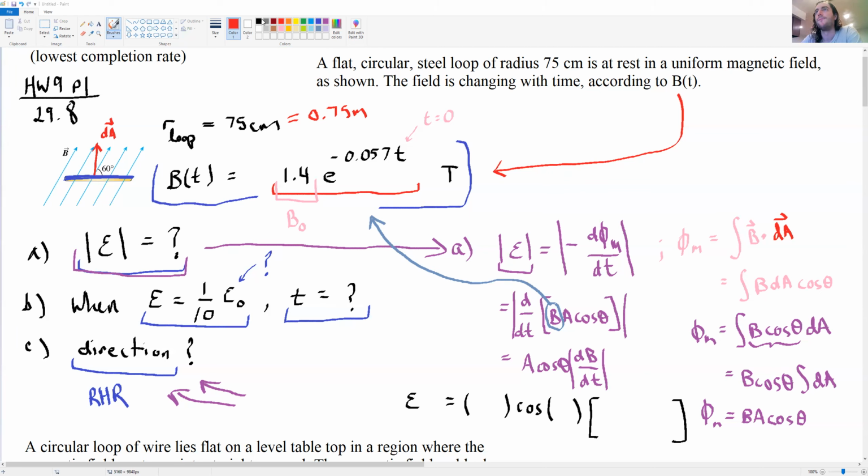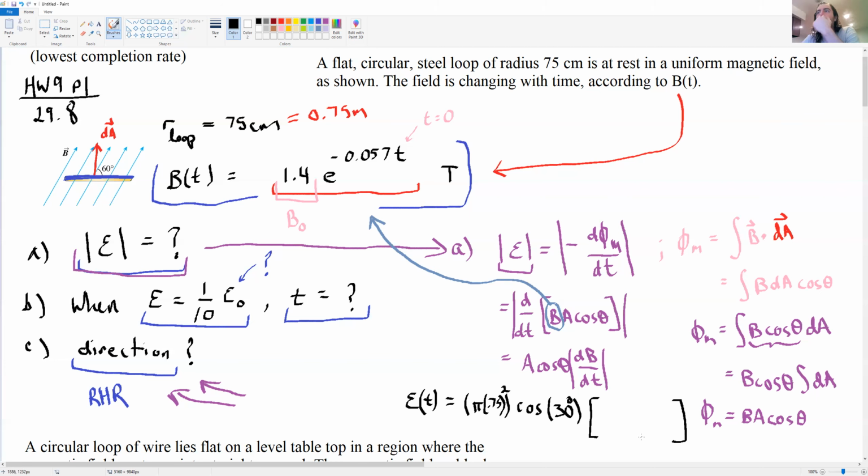Good. So 30 degrees, we're going to need pi times 0.75 squared. And E here, the EMF is going to be a function of t. We're not plugging in a value for t, so let me go ahead and write that in.